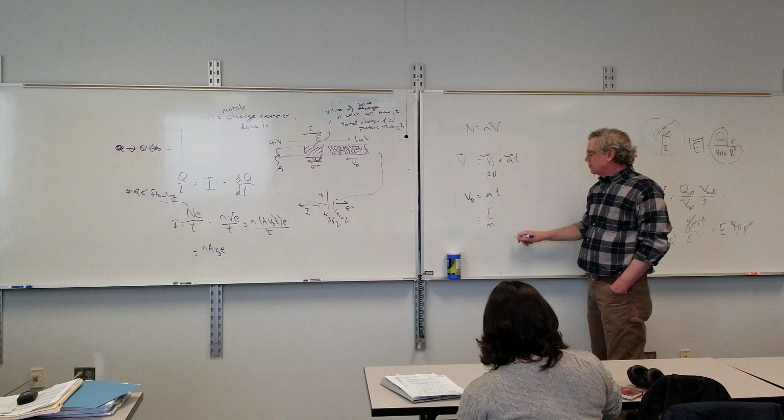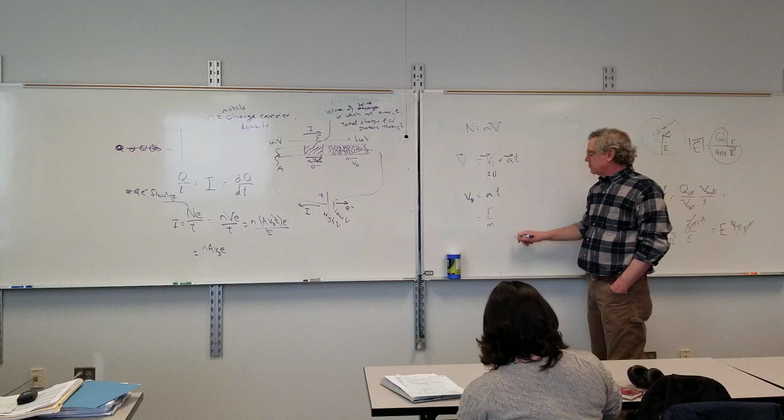Now, the number of electrons that can actually flow depends upon the material. So I'm going to define lowercase n to be the charge carrier density. So it's not all the electrons, because not every electron is available to flow.